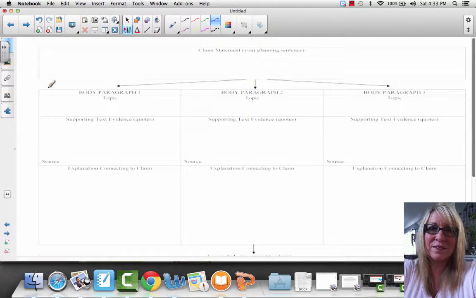So you have your graphic organizer. The first thing that we want to do is make a claim statement. The claim statement is the same as a thesis statement. So we're going to put our flipped question and fill in the blanks.